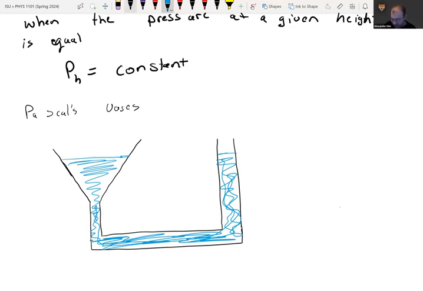It may seem perceptually obvious, but it's not immediately clear why that's the case, because this side is heavier. There's more water on this side than on the other, particularly if you imagine this in 3 dimensions and the funnel was quite wide. So how is this lighter mass of water holding up this heavier mass of water?